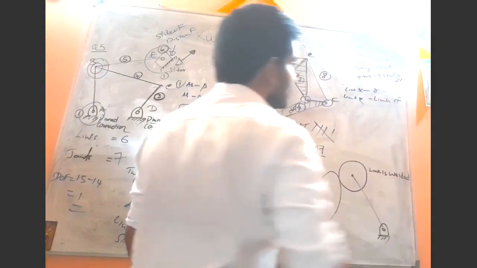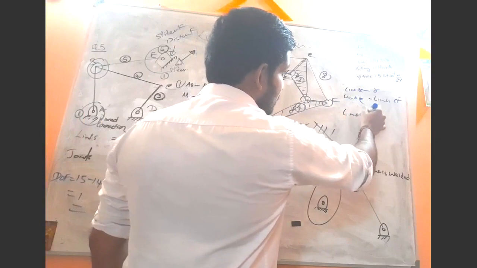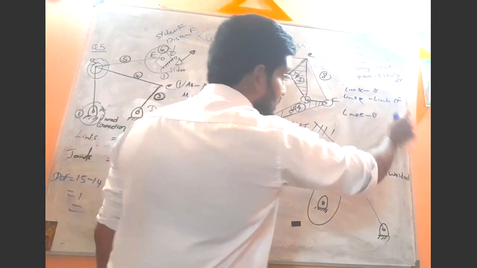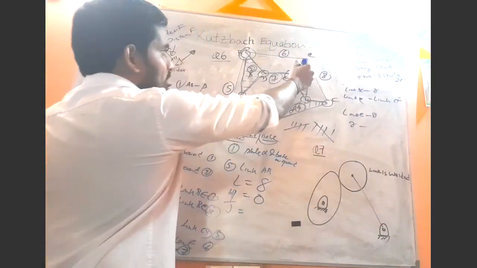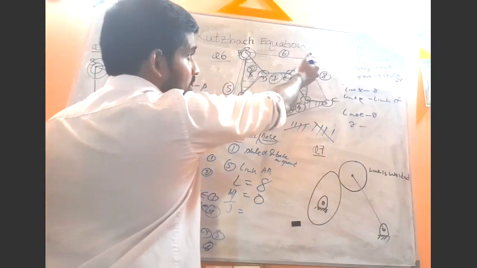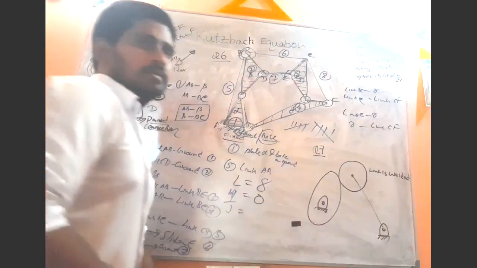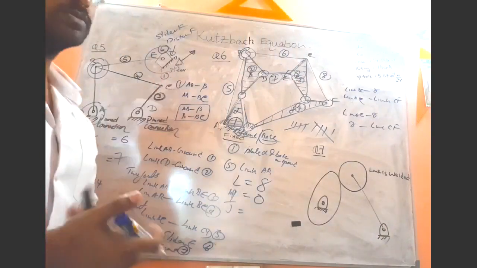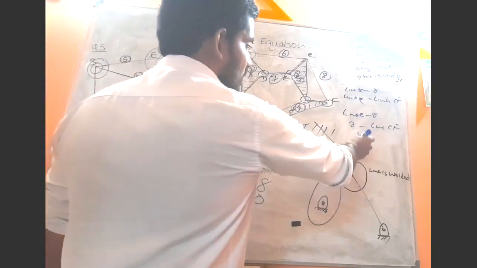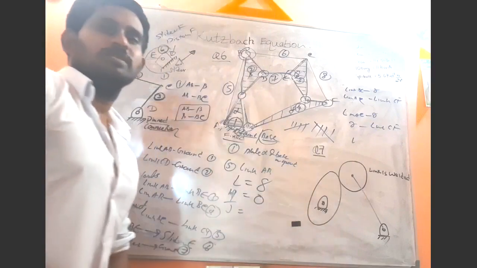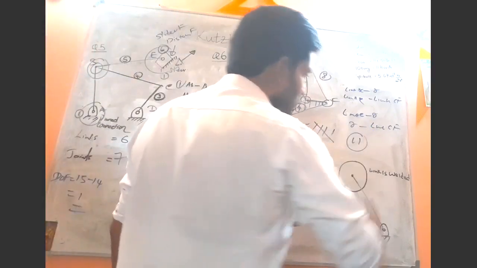Or somebody can argue like this: link BC is connected to the plate gamma, and this plate gamma is connected to the link CF. Someone can analyze in that manner also. So now how many joints do we have? Now we have a total of 11 joints.